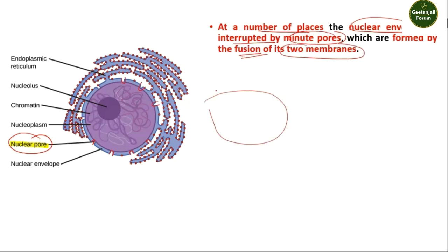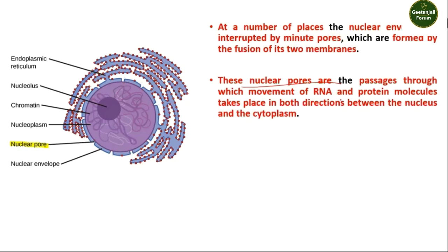This is the inner membrane and this the outer membrane. Both of them fuse together and at that place a nuclear pore is formed. Through these nuclear pores, movement of RNA and protein molecules takes place. It means through this nuclear pore, the protein molecules go out of the nucleus as well as inside the nucleus.